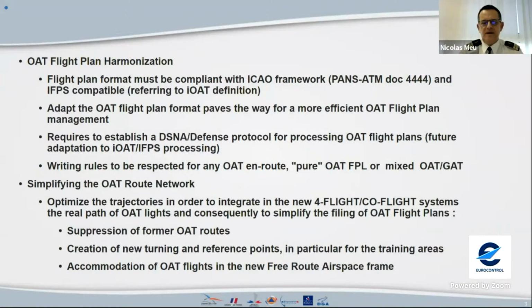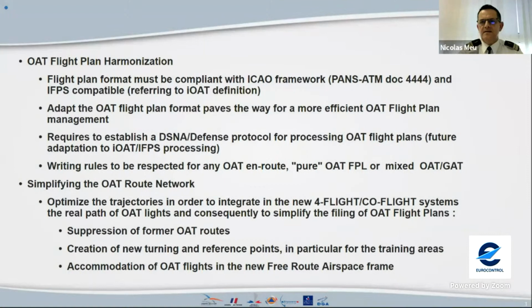flight plan. On the other side, we are simplifying the OAT route network. Our current network was built more than 60 years ago, and now it is not operational and not accurate. We have to optimize the trajectory in order to integrate the new four-flight and co-flight DSNA system.